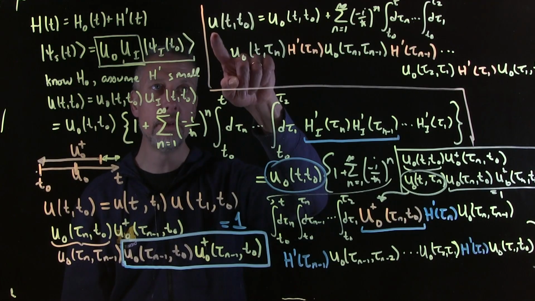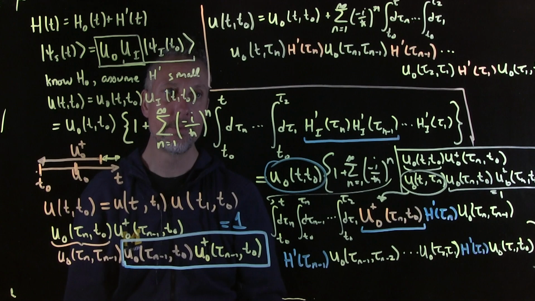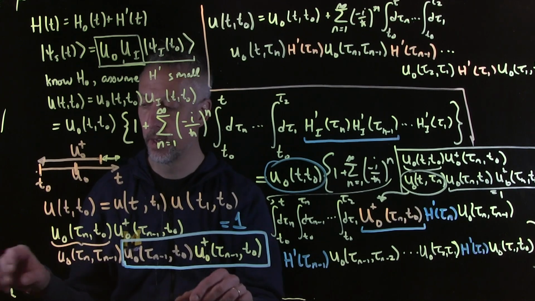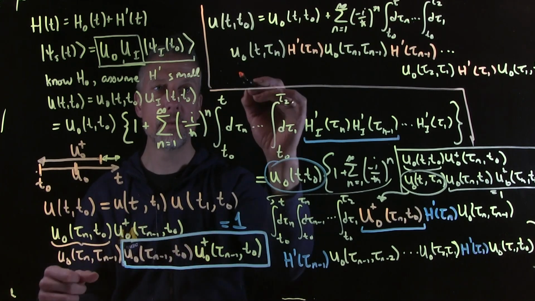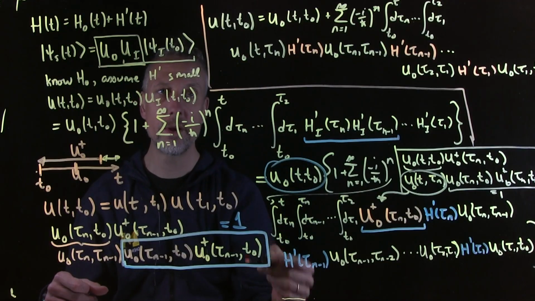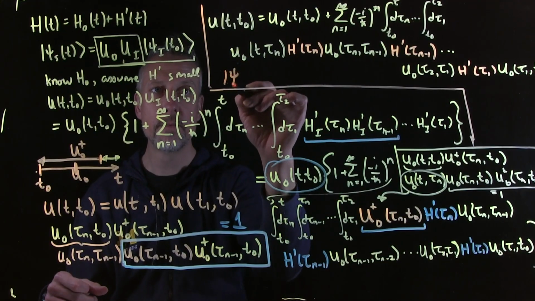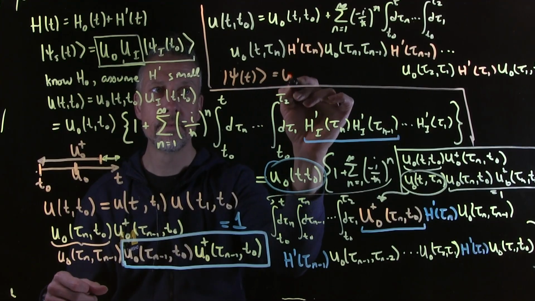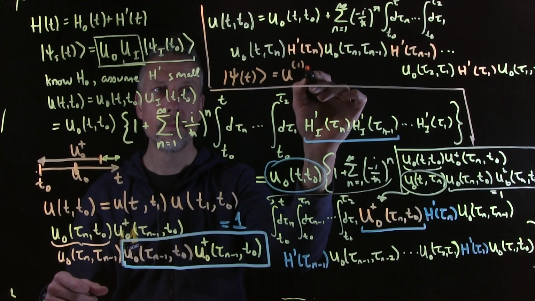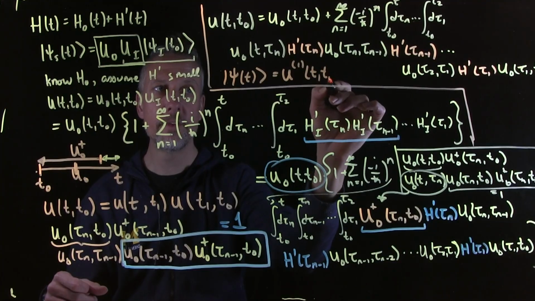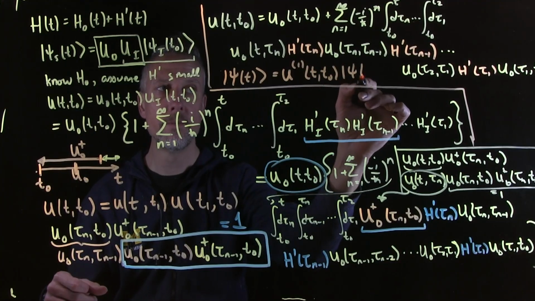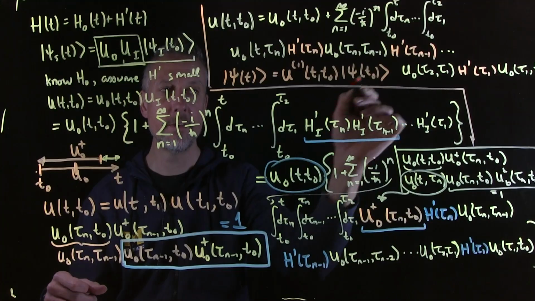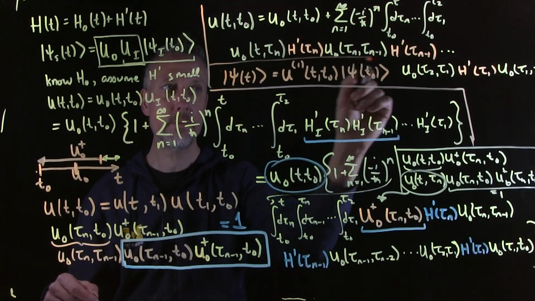Well, remember, we're only looking at the time evolution operator. What's going to be happening is we're going to be using the time evolution operator to compute our wave function at various times, starting with some initial condition, like being in the ground state, if it's the wave function.